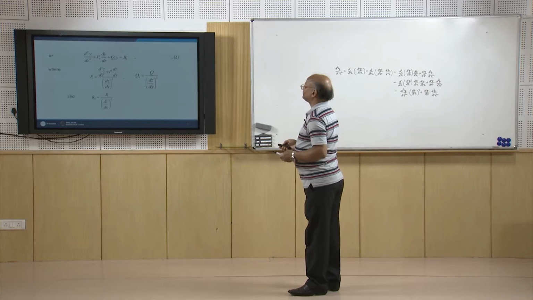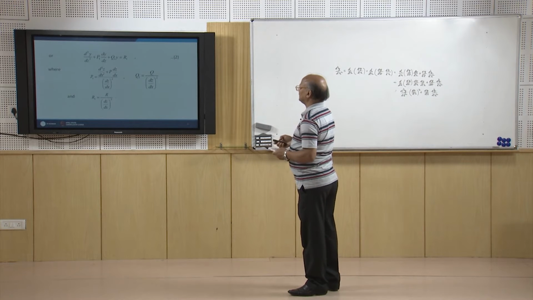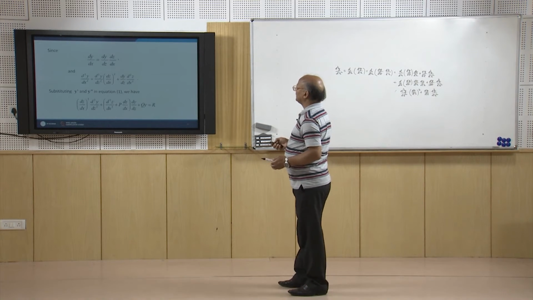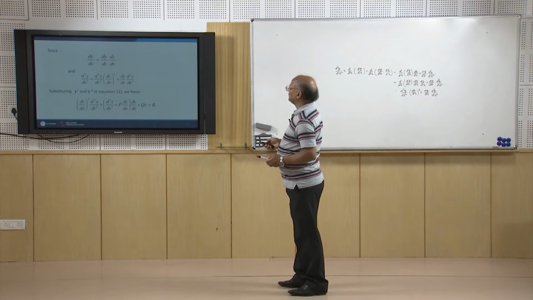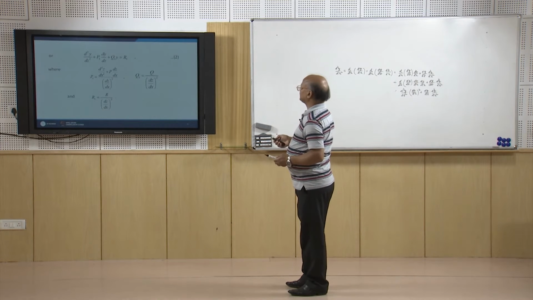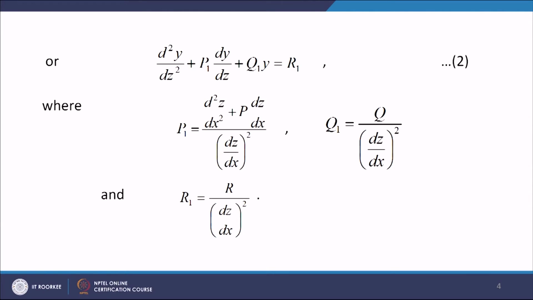So now let us write this equation in the standard form, d²y/dz² plus p1 dy/dz plus q1 y equal to r1, where we write p1 for (d²z/dx² plus p dz/dx) over (dz/dx)², and q1 for q over (dz/dx)², and r1 denotes r over (dz/dx)².